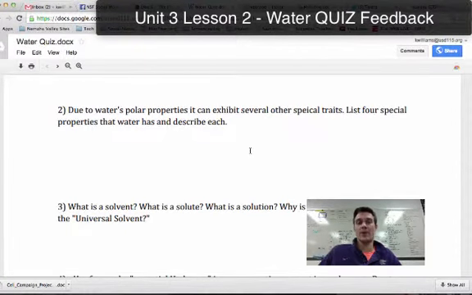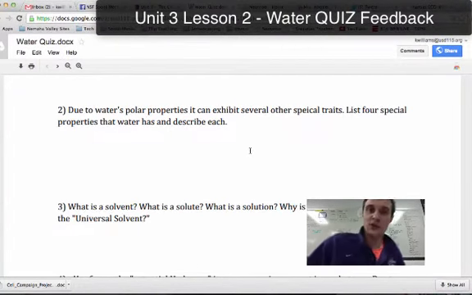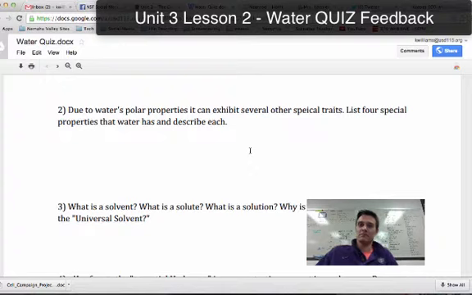Okay, it's physically breaking down another material, whether it be a liquid or a solid. A solute is the material that's being broken down or is dissolving. So the example I think I gave in the video was about Kool-Aid, where water is the solvent and the sugar is the solute. A solution is a solvent and a solute put together. Okay, a solvent and a solute put together gives you a solution. Okay, so Kool-Aid would be the solution.